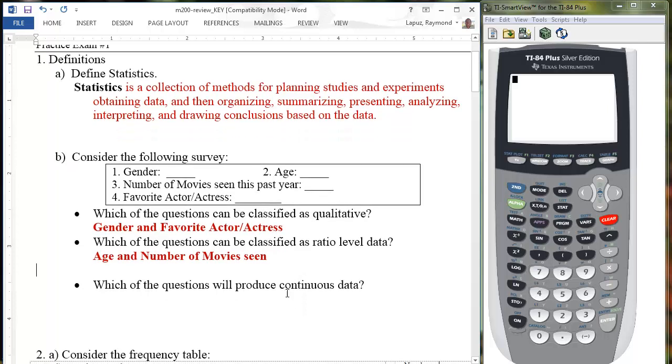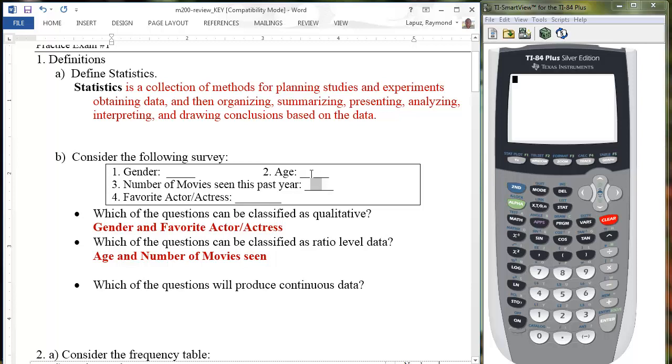Last question is asking us which will produce continuous data. And usually when we report age, or when we report the number of movies seen this past year, we say our age is 25, or I've seen 4 movies this past year.